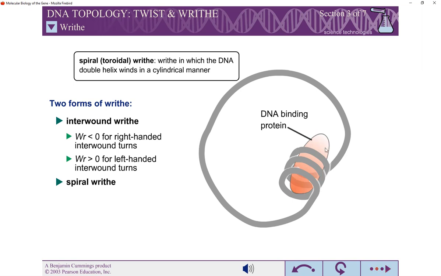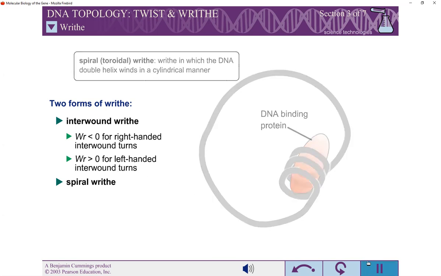DNA, being negatively charged, will bind with protein, and instead of relaxing itself, will make itself much more supercoiled, so that the entire values will be reversed. In the case of spiral writhe, the writhe is going to increase for right-handed DNA molecules, and the writhe is going to decrease for left-handed interwound turns.